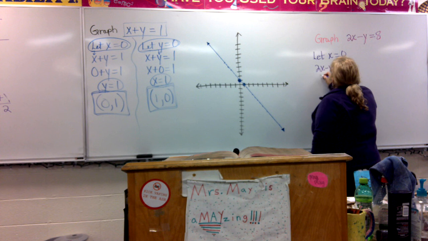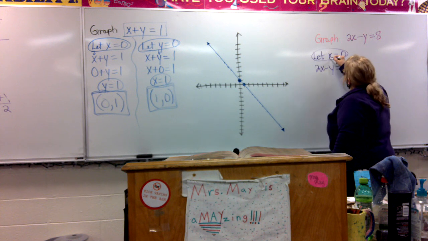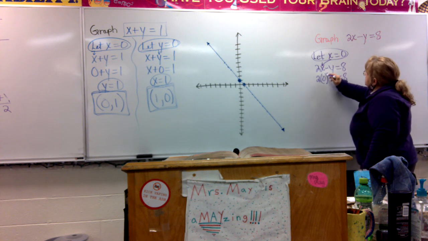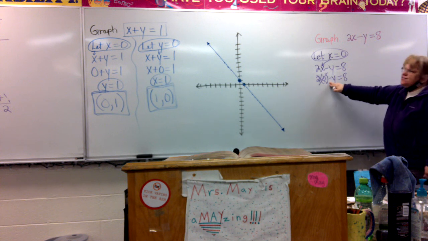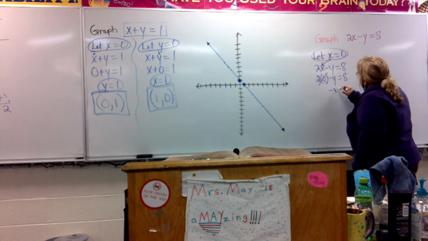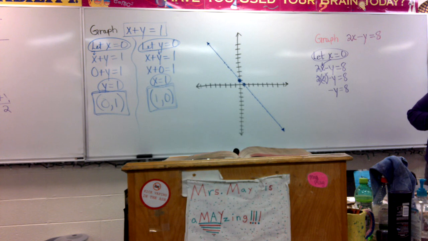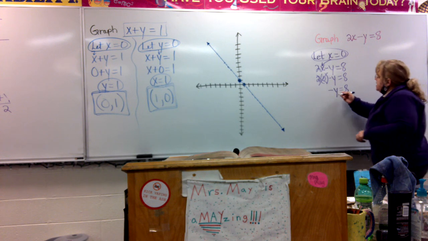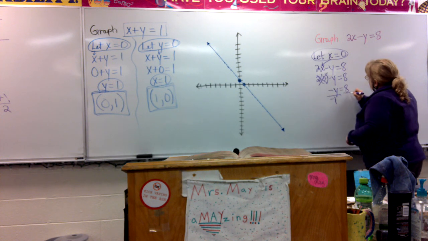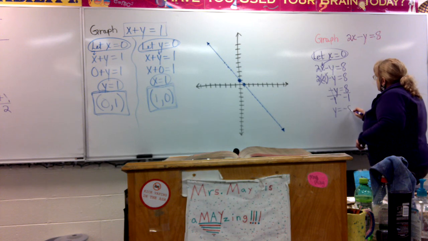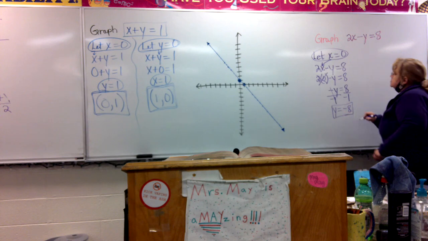So if I let x equal 0, I'm going to plug in right here. 2 times 0. Now be careful. This is 0. This is negative y. Negative y equals 8. Cannon, what do you have to do to that? Divide by negative 1, maybe? So that the negative goes away, and you get y is negative 8.